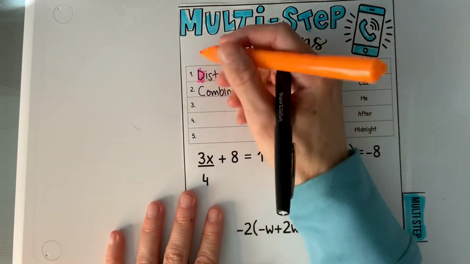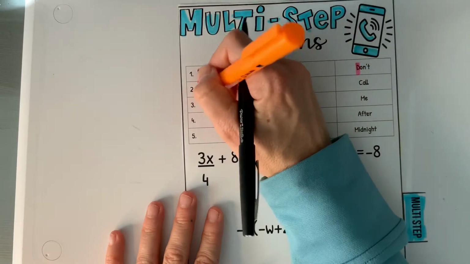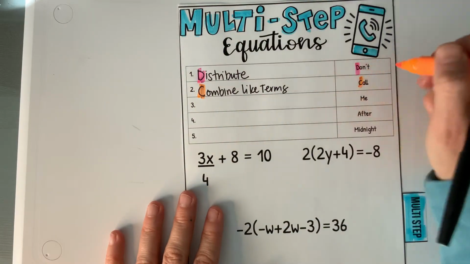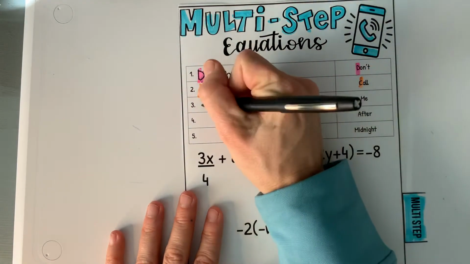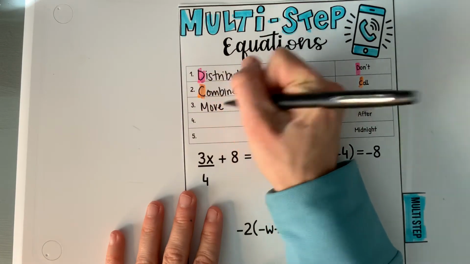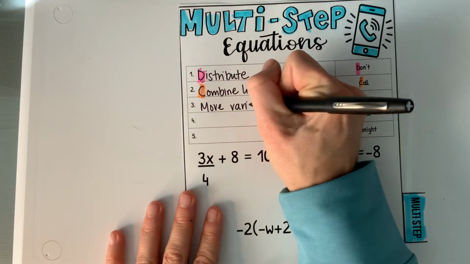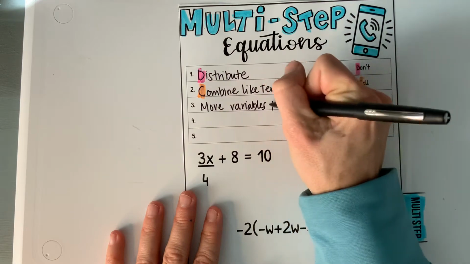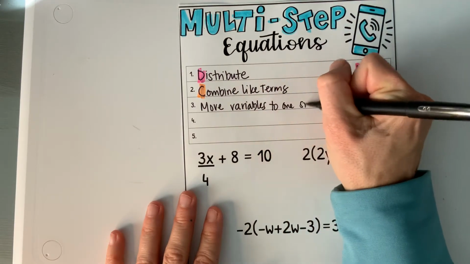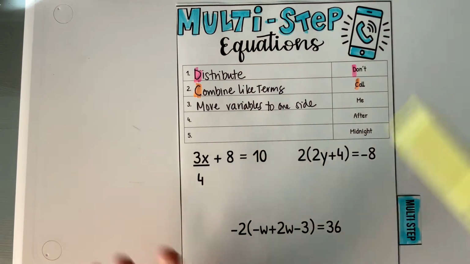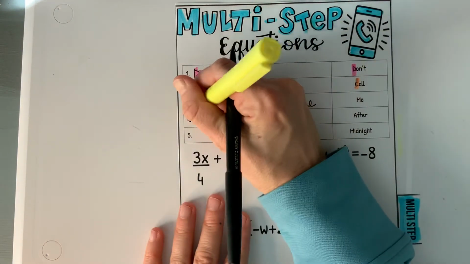Okay, so C stands for combine like terms. Step three, you are going to move your variables to one side. So M is for move variables.